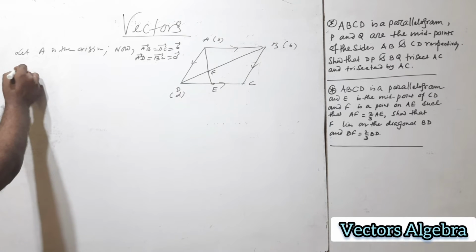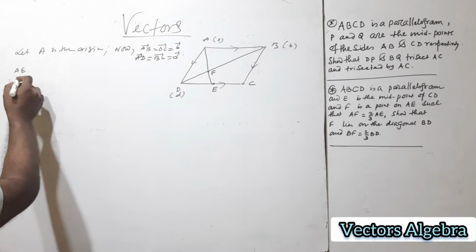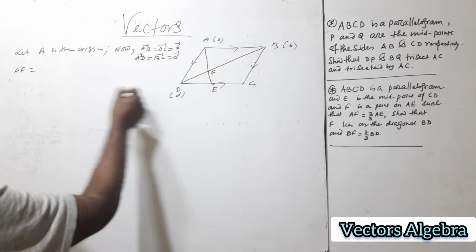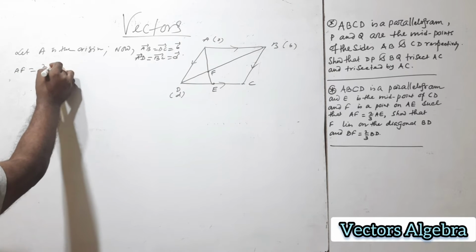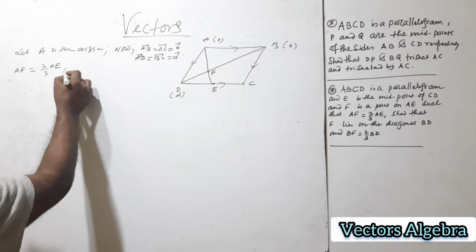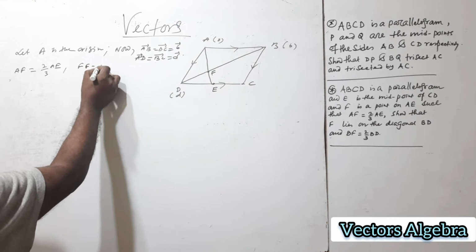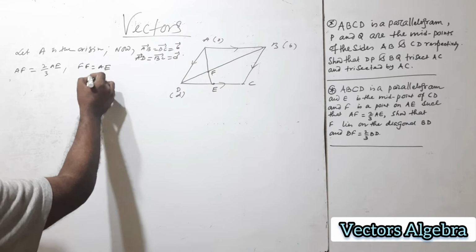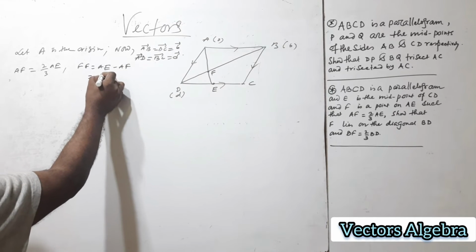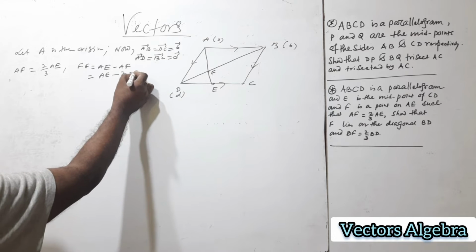Now AF is equal to 2/3 of AE, in length. Now FE is equal to AE minus AF, so AE minus 2/3 of AE.